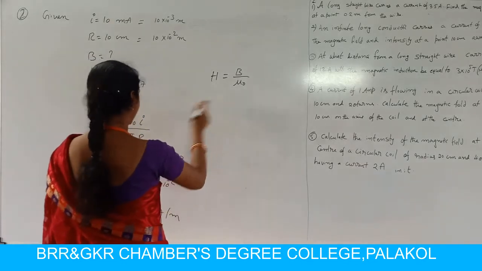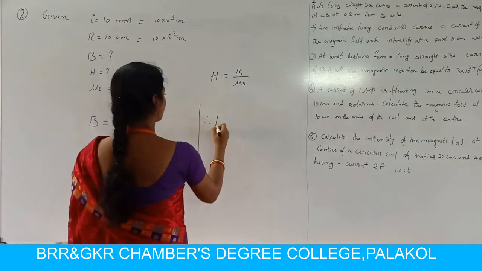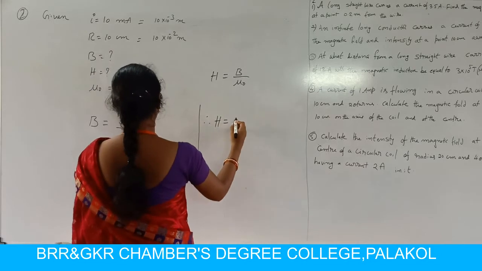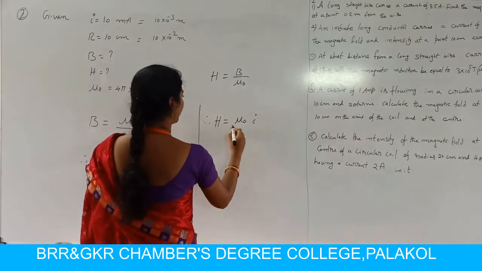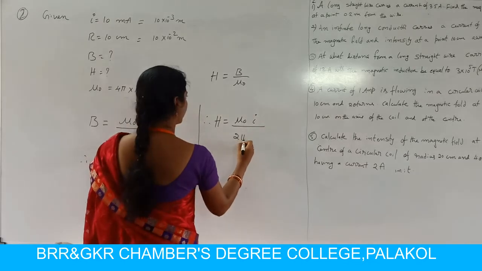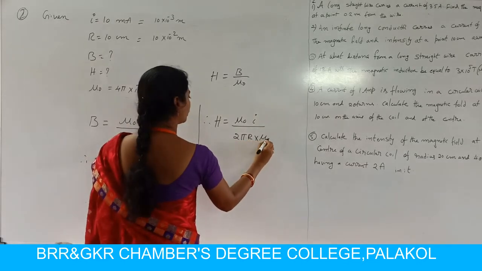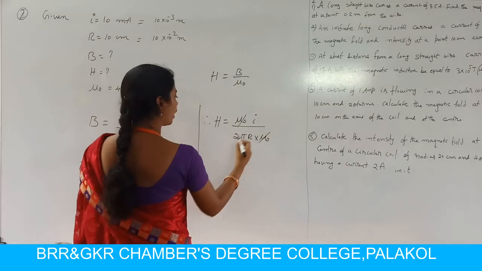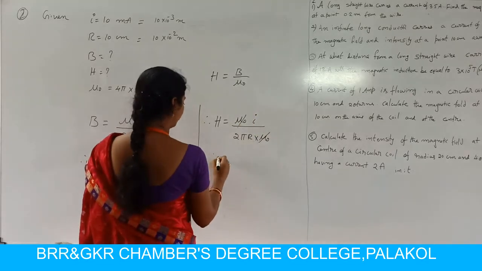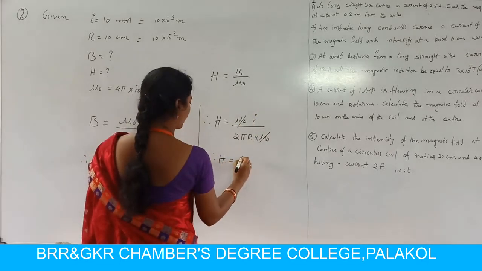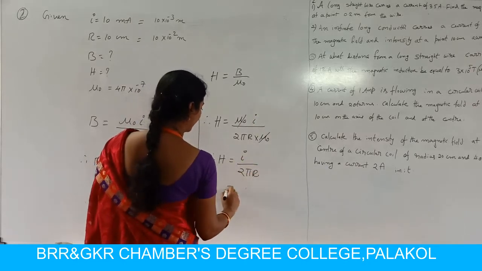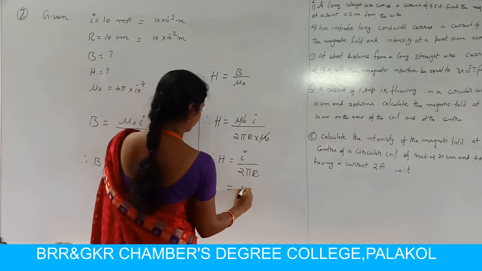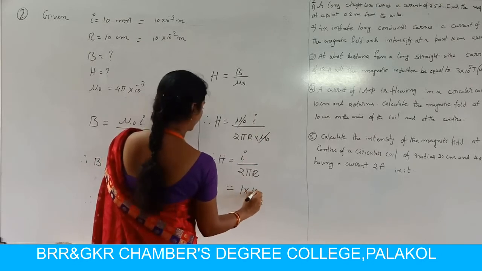So H is equal to B value, mu naught I by 2 pi r, into mu naught. Then mu naught cancels, giving I by 2 pi r. Therefore, H is equal to I by 2 pi r, with I value 10 into 10 power minus 3.